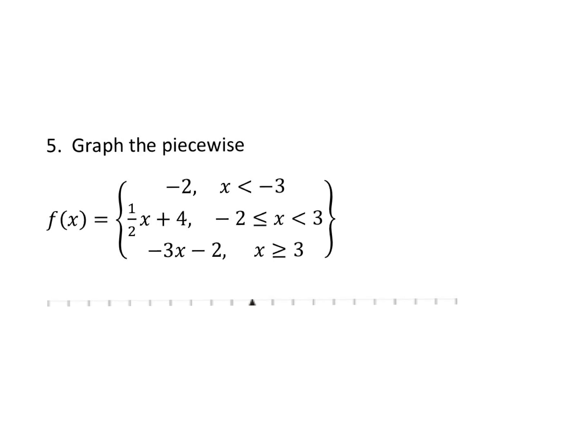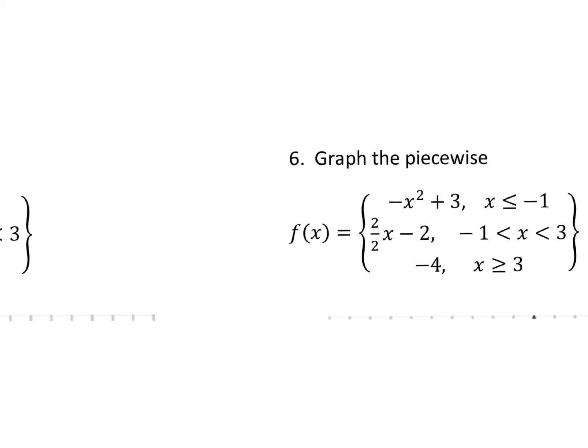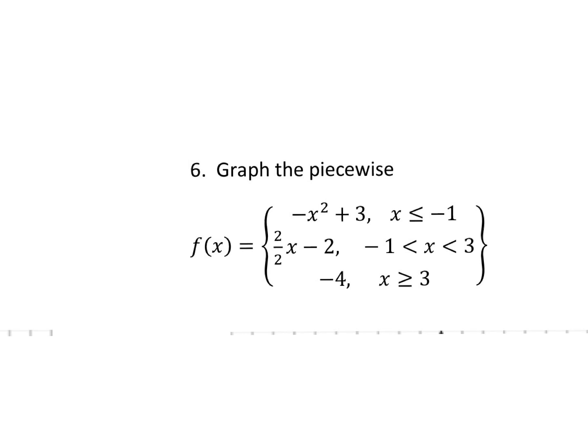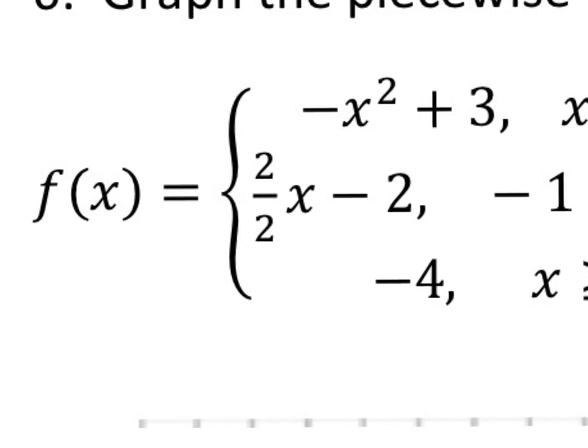If you look at number 5 right now, I want you to change -3x to +3x. Make this a +3x. It'll fit on the graph better. And then over here on number 6, I did not mean for this to be 2/2.